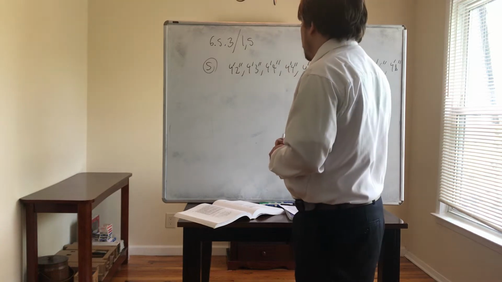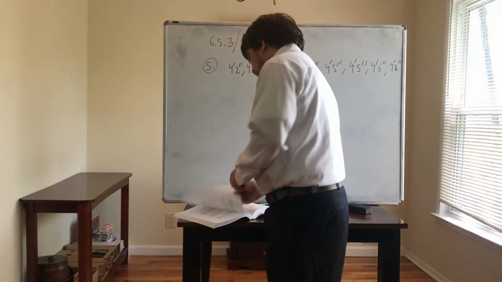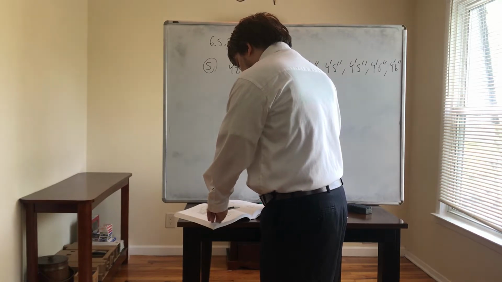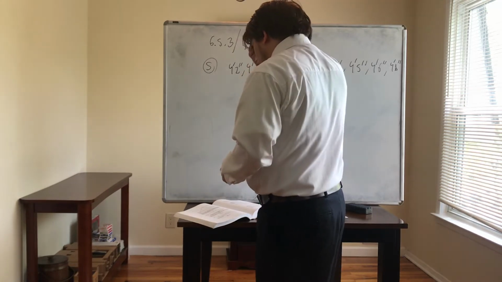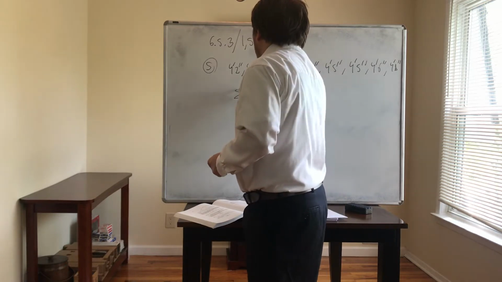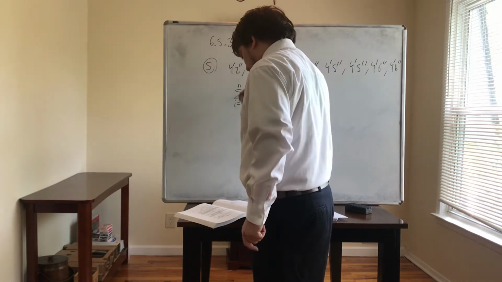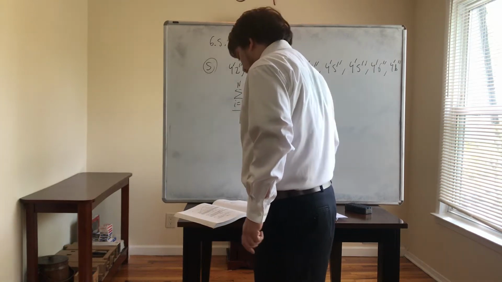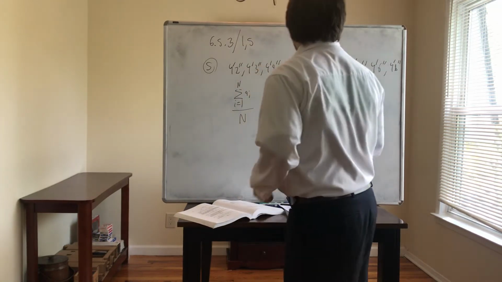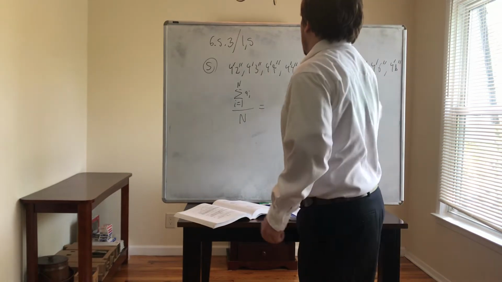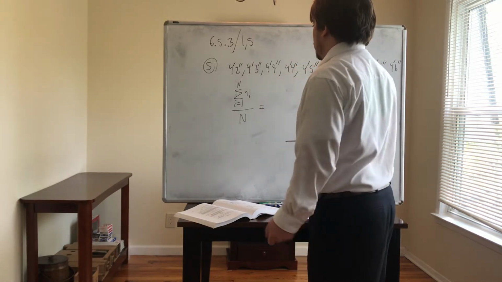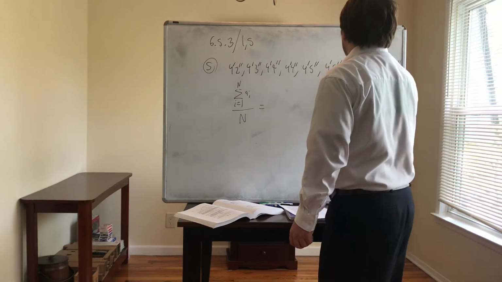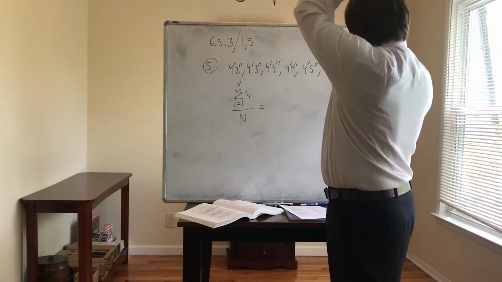Okay, so let's find the mean. The mean is just the sum over all possible values of heights divided by the number. So if you add all these up, your total will be 4, 8, 12, 16, 20, 24, 28, 32, 36 feet.